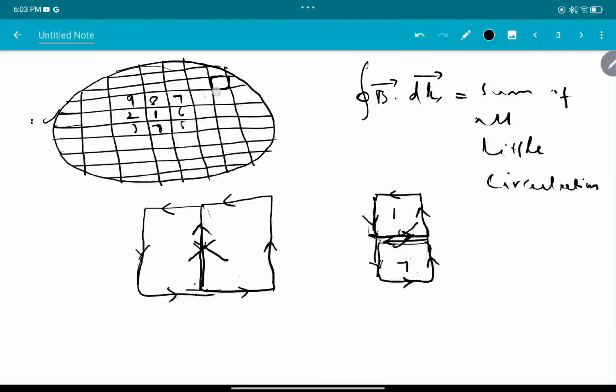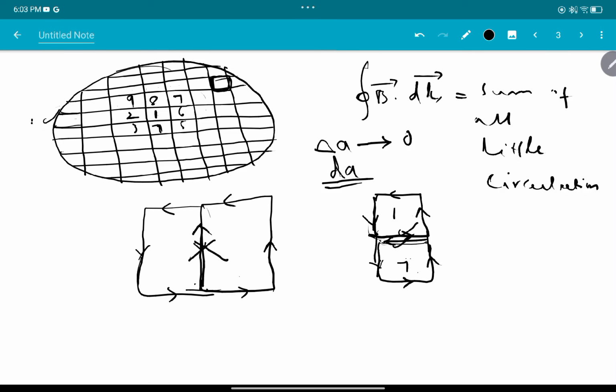Now this will not be treated as curl. Curl will be if this is unit area. And better, we imagine that this area now starts decreasing. That means delta A starts decreasing down to 0. It becomes dA.